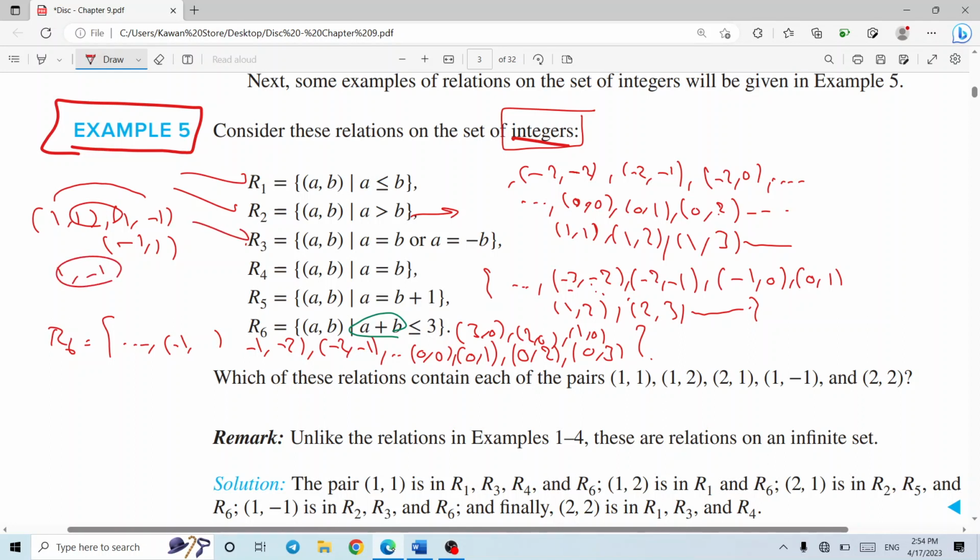There's no example to give me the counterexample. Can you imagine for R3? R4? It's all reflexive, all symmetric. So you can say it's all what? Also transitive.